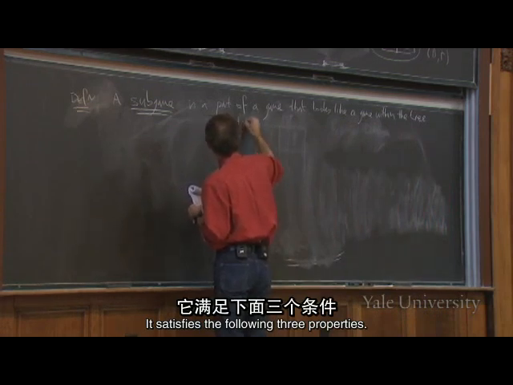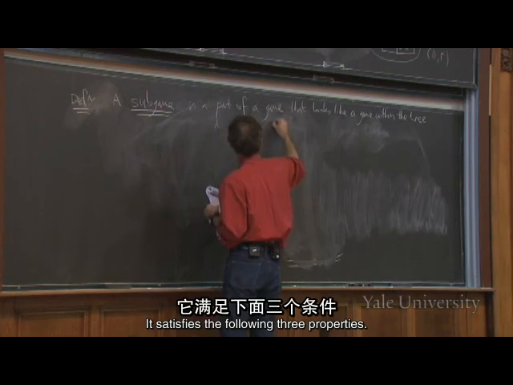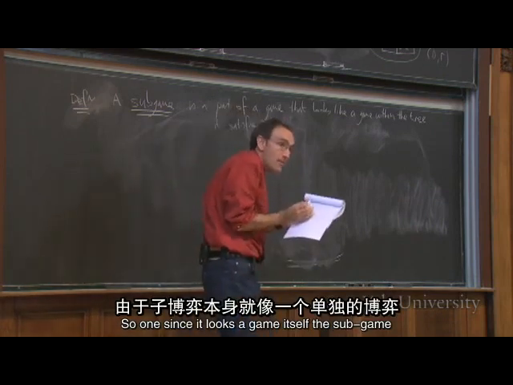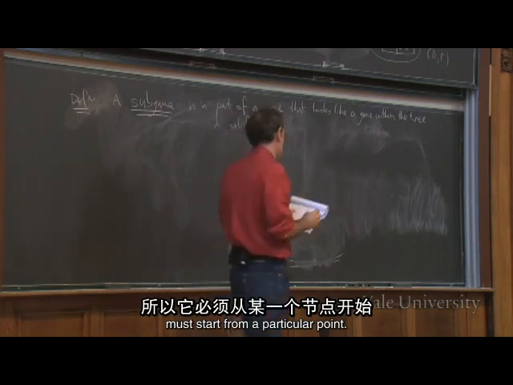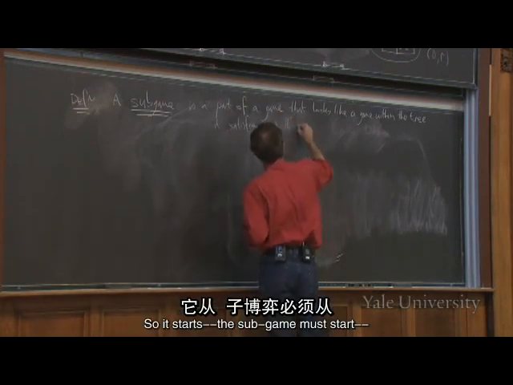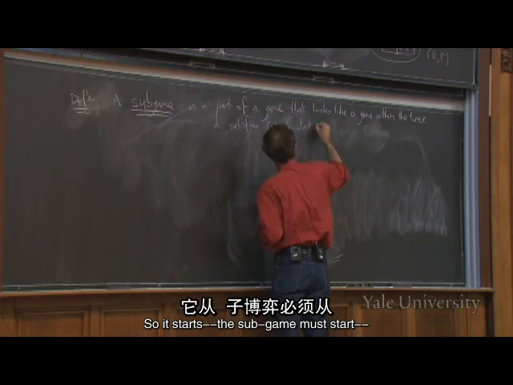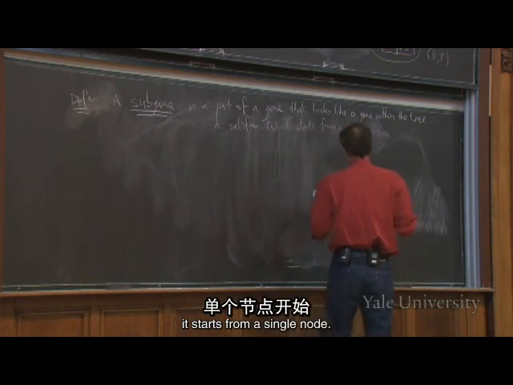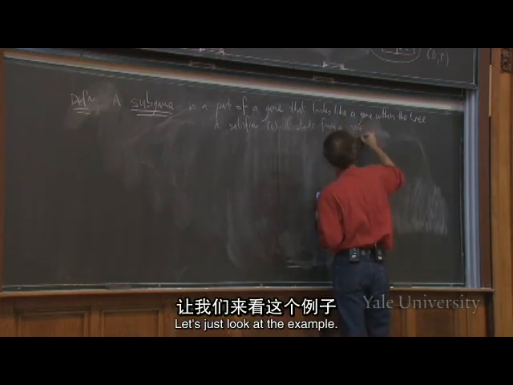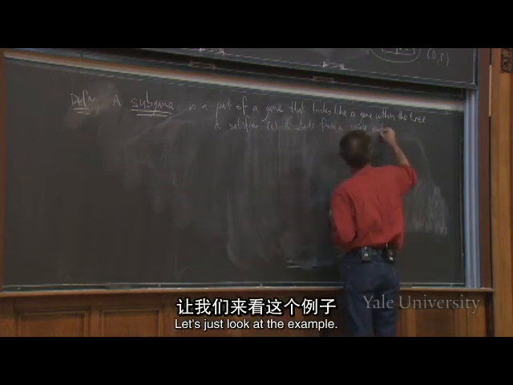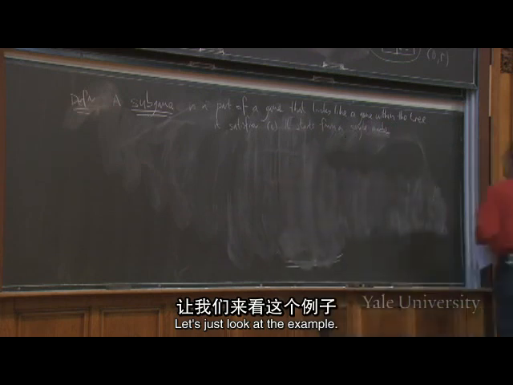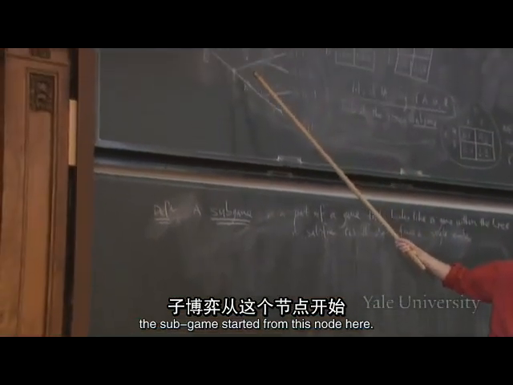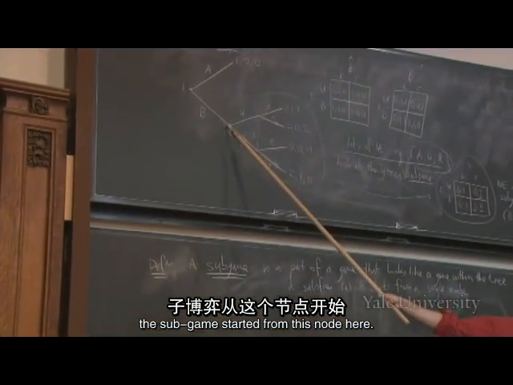It satisfies the following three properties. So one, since it looks like a game itself, the subgame must start from a particular point. It starts from a single node. And let's just look at the example. In the example we just looked at, the subgame started from this node here.